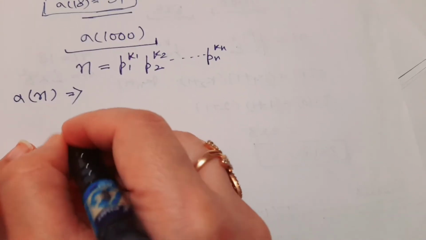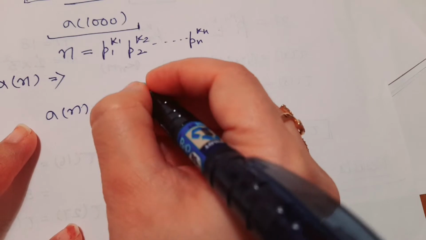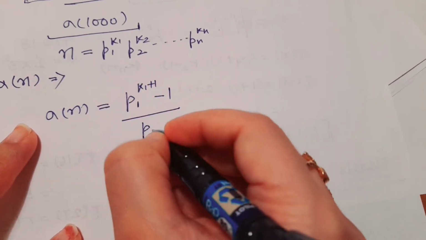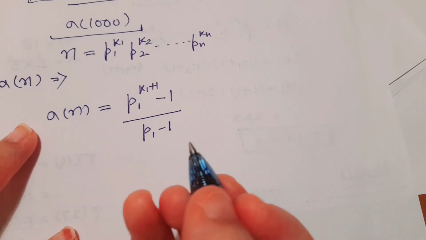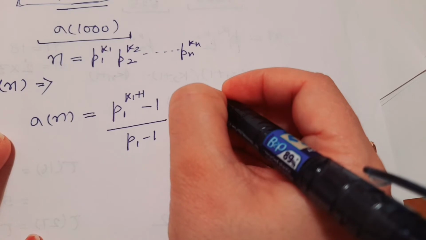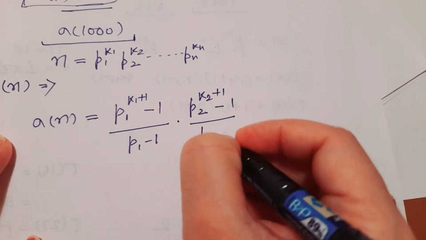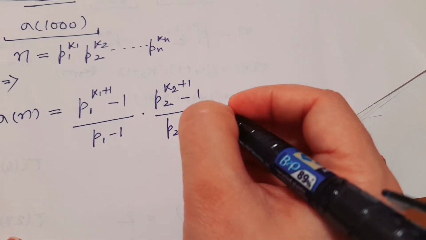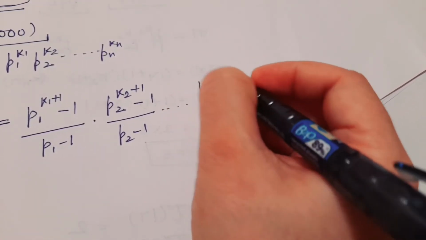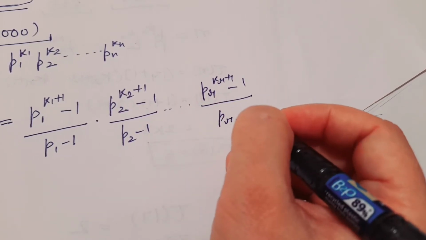Then sigma n is equal to p1 raised to power k1 plus 1 minus 1 upon p1 minus 1, into p2 raised to power k2 plus 1 minus 1 upon p2 minus 1, the formula of sum, and so on up to pr raised to power kr plus 1 minus 1 upon pr minus 1.